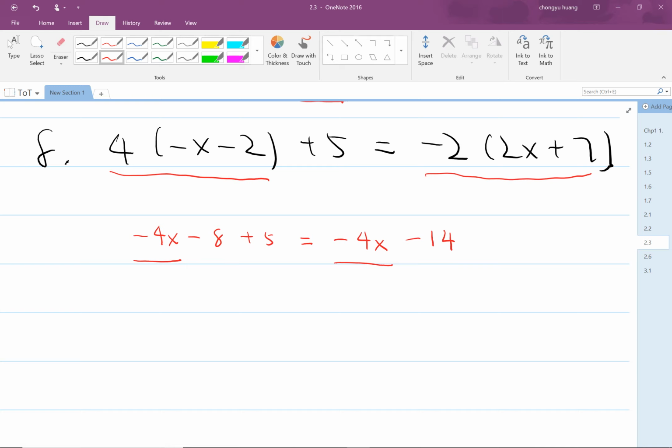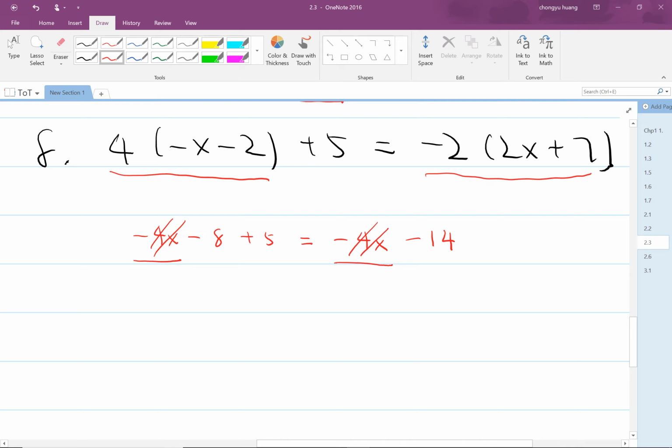If you move negative 4x to the other side, it becomes positive 4x, and negative 4x plus positive 4x is equal to 0, right? Whenever you see the same term on both sides, you can actually cancel them right away.